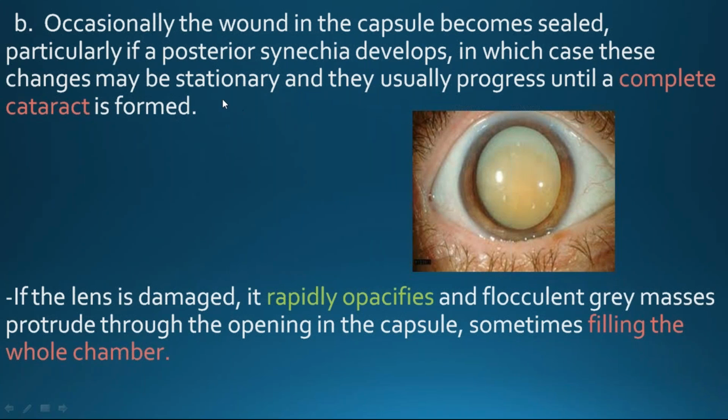If posterior synechia develops, changes may be stationary, or they usually progress until a complete cataract is formed. If the lens capsule is damaged, the lens rapidly opacifies and a flocculent gray mass protrudes through the opening in the capsule, sometimes filling the whole anterior chamber.